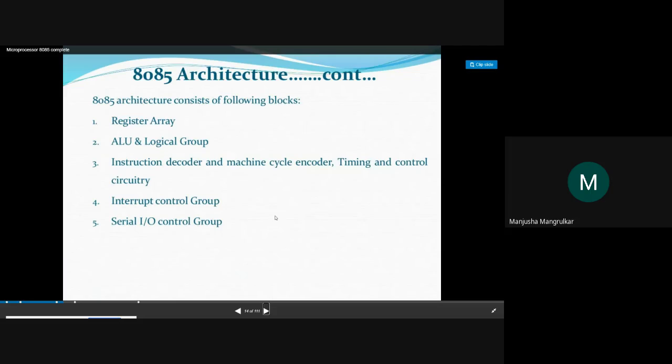Now, the 8085 block diagram consists of the register array, as we have seen, the arithmetic and logic group, the instruction decoder, machine language encoder, timing and control circuit, interrupt control group and serial I/O group. These are the general purpose registers.